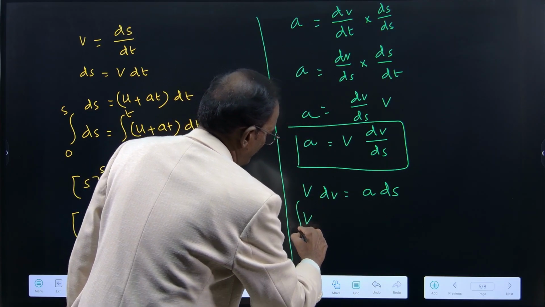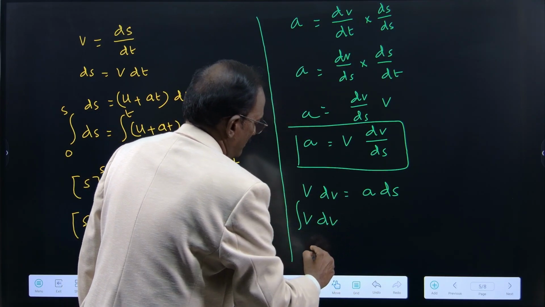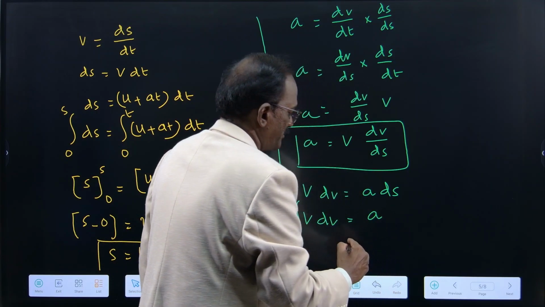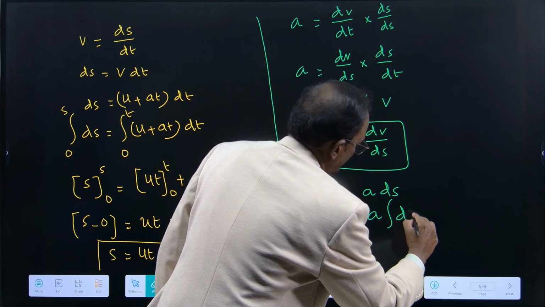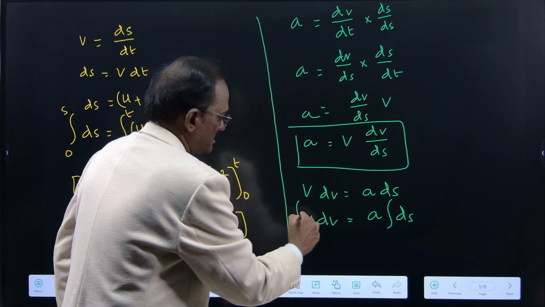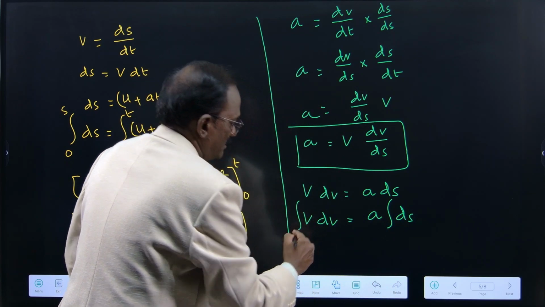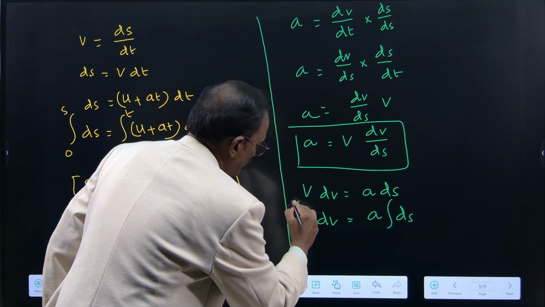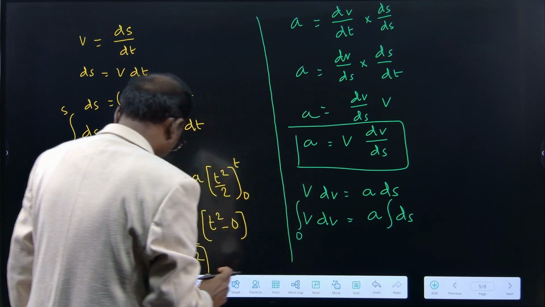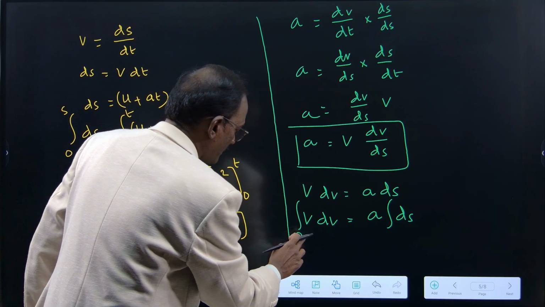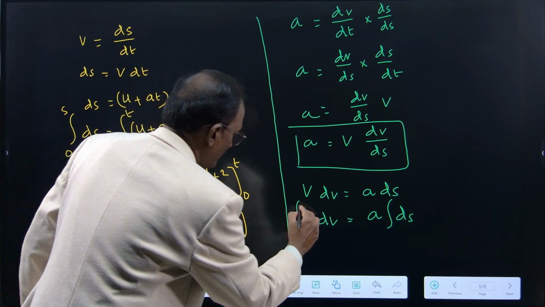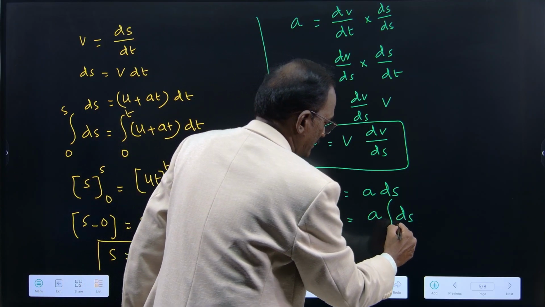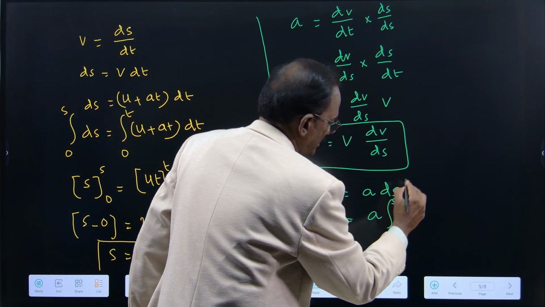Integration of v dv is equal to, a is always constant, so let me take it outside, then the integral of ds. So this is v dv with respect to v: the lower limit is u, the upper limit is v. Here s is equal to 0 to s.